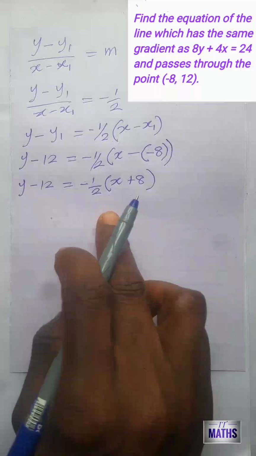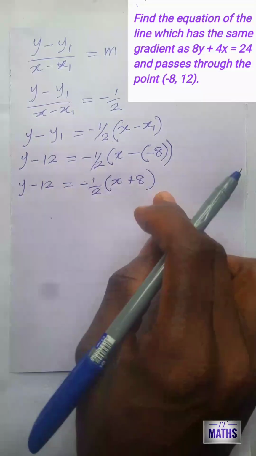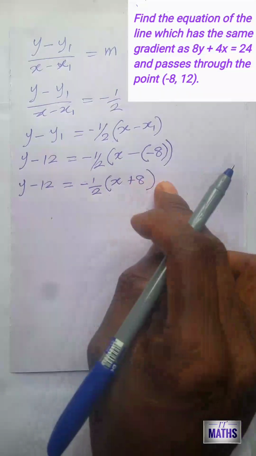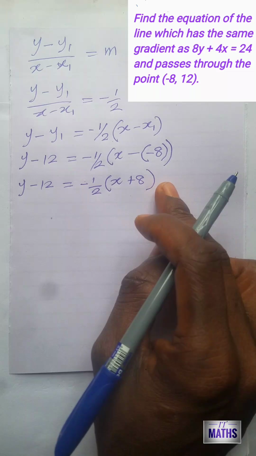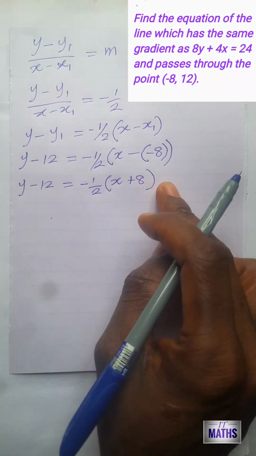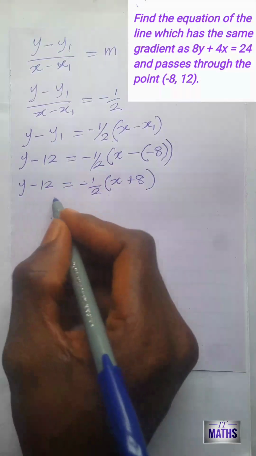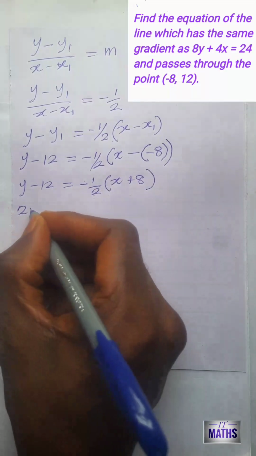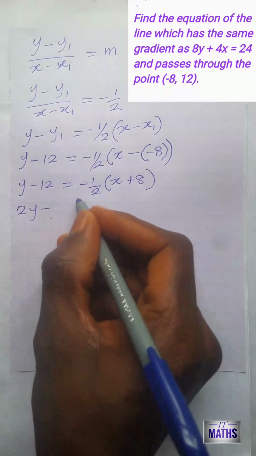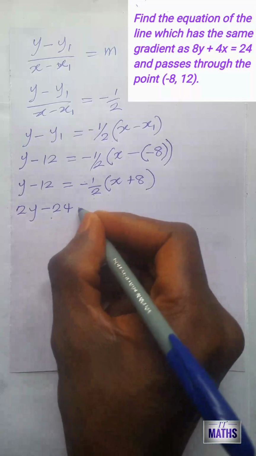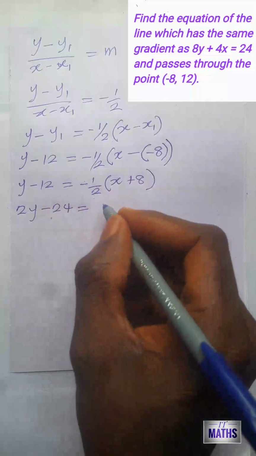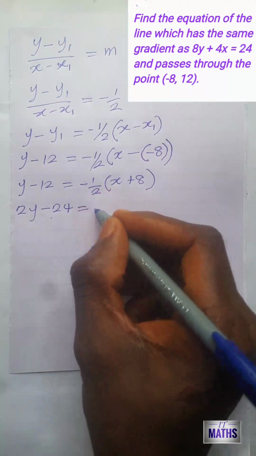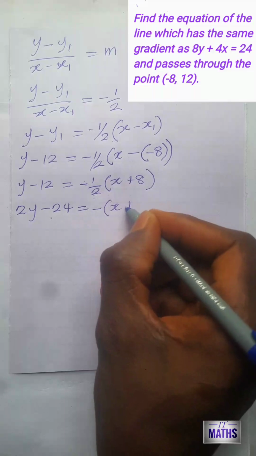So now I can cross multiply, or I can expand and open the bracket, whichever one is preferable. Okay, so let's just cross multiply. So this is 2y minus 24 is equals to, since 2 is gone, we have minus x plus 8.